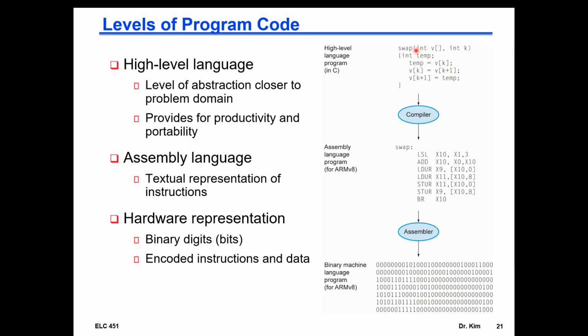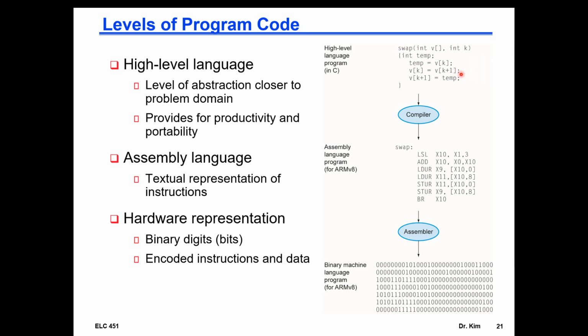So if you give it a pointer, this is a pointer to an array, and you give it an index into that array, given by k, it is essentially going to swap v of k and v of k plus 1. So if v of k was 2 and v of k plus 1 was 3, after you run this, v of k is going to be 3 and v of k plus 1 is going to be 2.